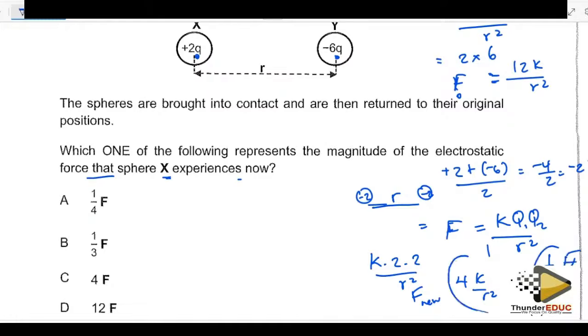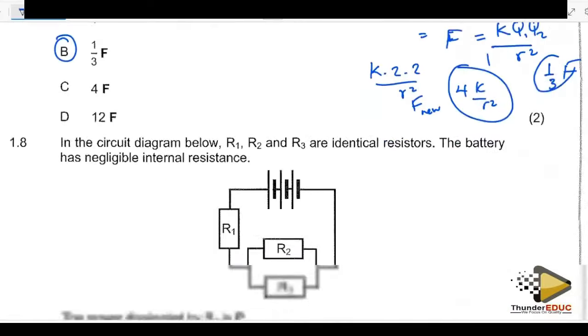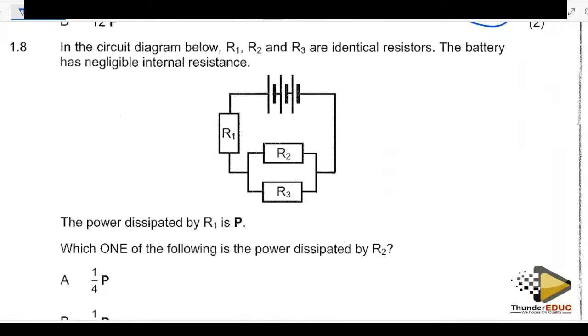Get this new force, divide by the original force. So the option I'll go with is B. That is 1.7. Then 1.8.